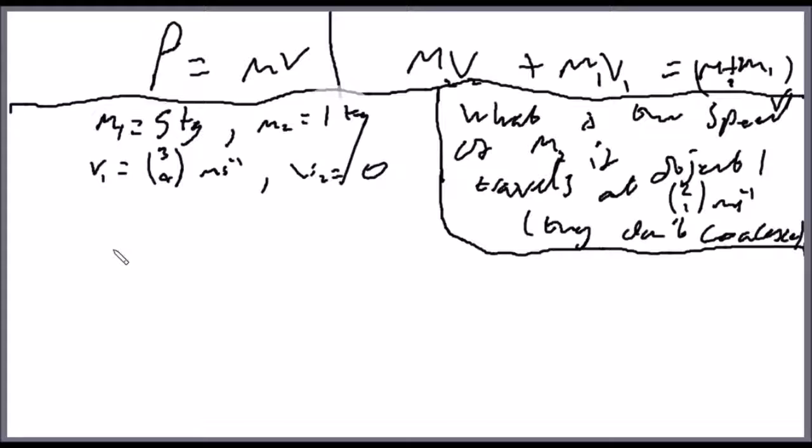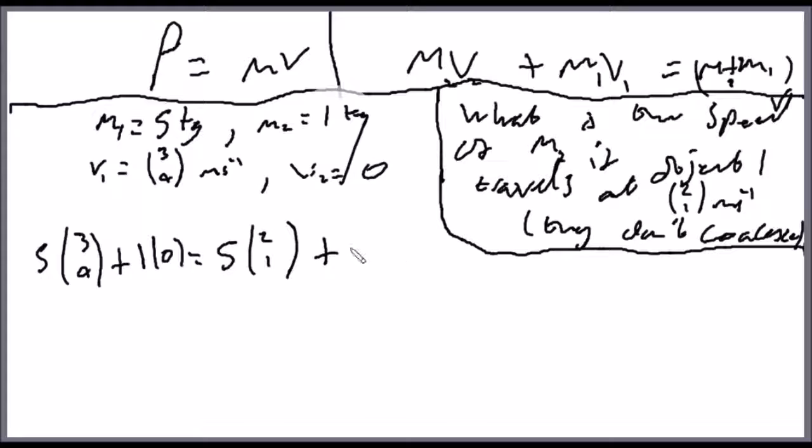Okay, so let's set up from the conservation of momentum. We can decide that object 1's momentum plus object 2's momentum equals object 1's momentum afterwards plus 1 times the new velocity vector that's unknown. So we can take two simultaneous equations, one in the i direction, which is going right.